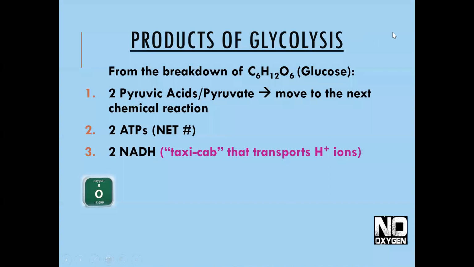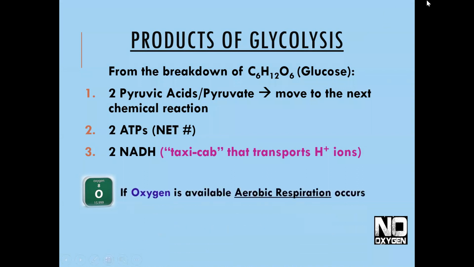So those NADH are going to act like a taxi cab, or an Uber would be something that you're more familiar with probably, that's going to transport those H+ ions. And that's going to be really important during aerobic respiration, but we still have those in anaerobic. So if there is oxygen available after all of this takes place, it's going to go and move into aerobic respiration.